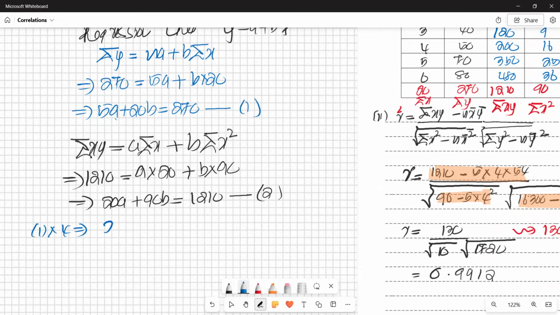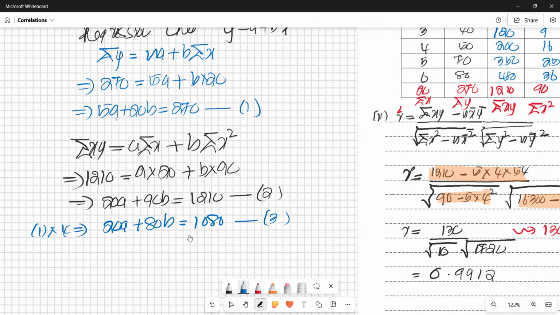This is 20a plus 80b. 270 into 4, that is 1080. This is the third equation.